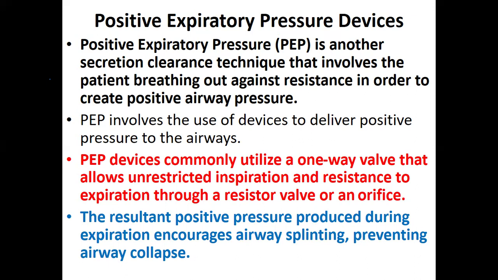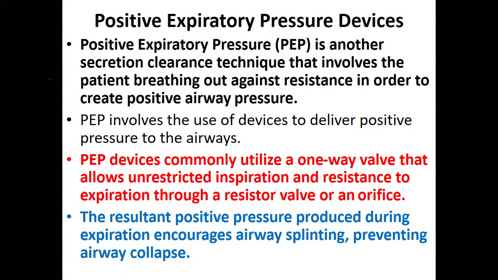The patient is breathing out against the resistance in order to create positive pressure. It involves the use of devices that deliver positive pressure to the airway. So PEP devices commonly utilize a one-way valve that allows unrestricted inspiration and resistance to expiration through the resistor valves.